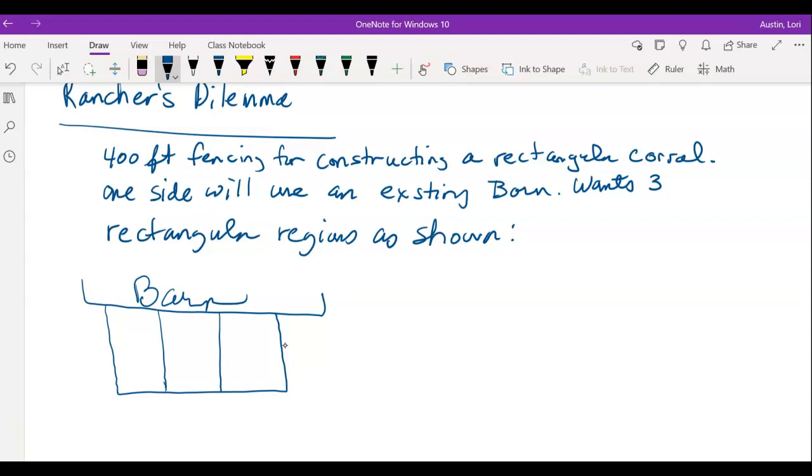To do this, he wants to know, just given that value of 400 and given that picture, what are the dimensions of the corral that maximize the enclosed area? So this 400 feet of fencing can be used in a lot of different ways, but don't you want your animals to have the maximum amount of space? So the question is, what are the dimensions of the corral that maximize the enclosed area?